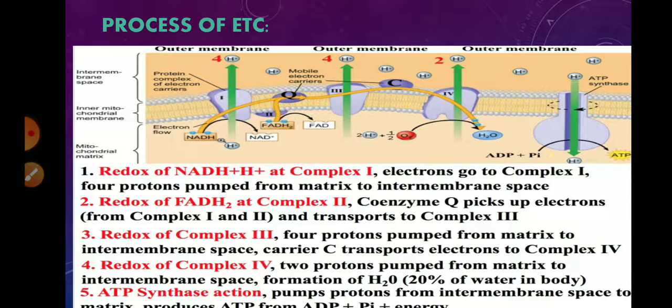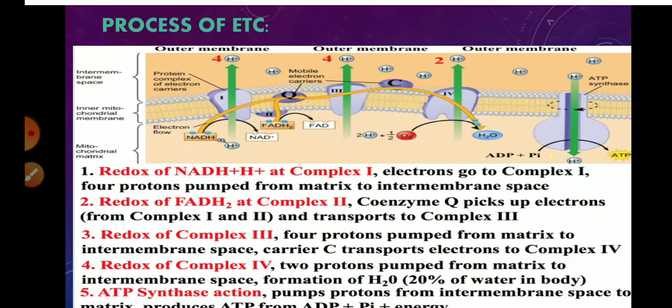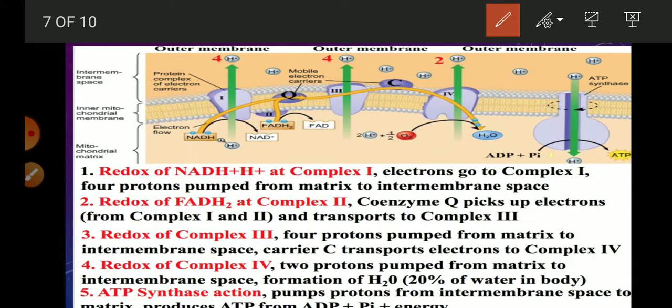Now we will see the process of the ETC. First of all, this is the inner membrane space and this is the mitochondrial matrix. This is upside down from what we have seen before, and this is the inner membrane.